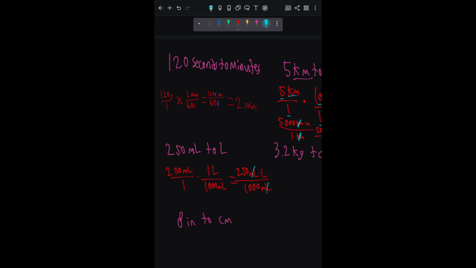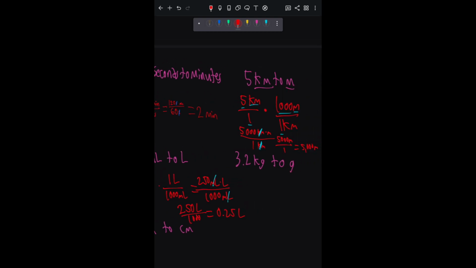Milliliters cancel out, gives you 250 liters over 1,000, which is equal to, I can't think right now, so calculator time. 0.25. We could be using significant figures right now, but we're not going to do that because I'm going to be honest, I don't want to.